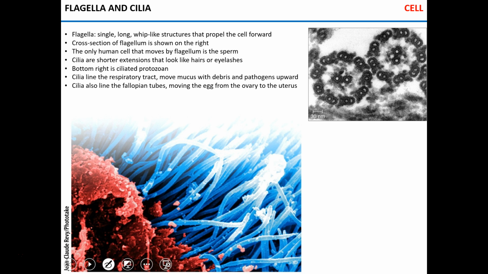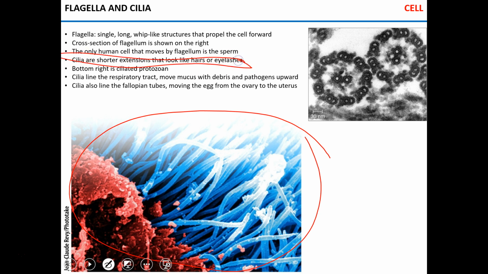External appendages of the eukaryotic cell include flagella and cilia. Here on the bottom, you can see cilia. Cilia are short extensions that look like eyelashes, and these line the respiratory tract, they move mucus, they line fallopian tubes.